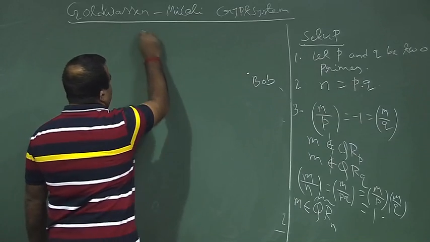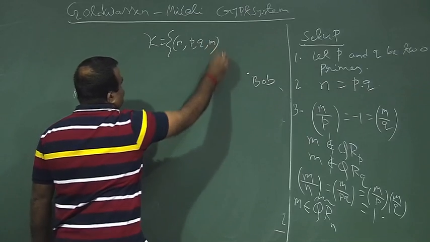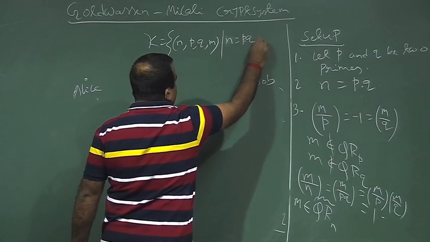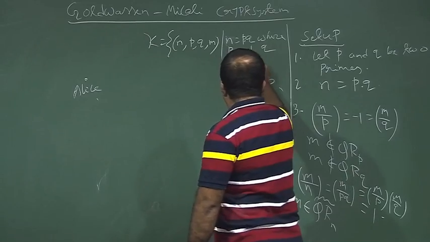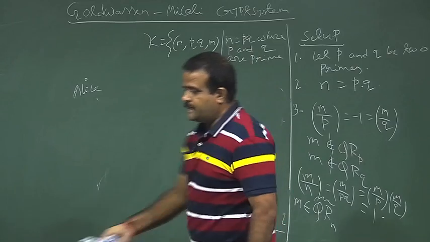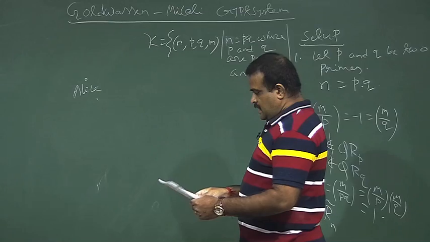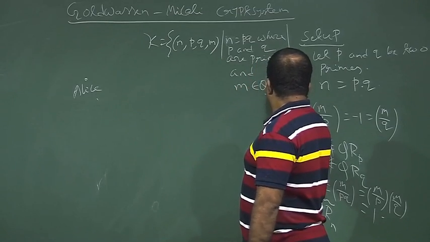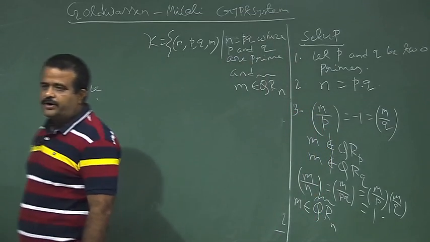Bob's key set is basically n, p, q, m, such that n is equal to p q, where p and q are prime, and m is chosen such that m belongs to the pseudo quadratic residues.